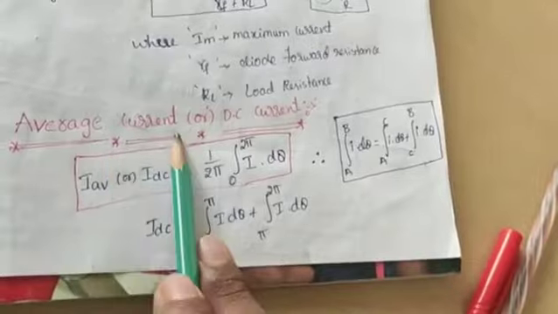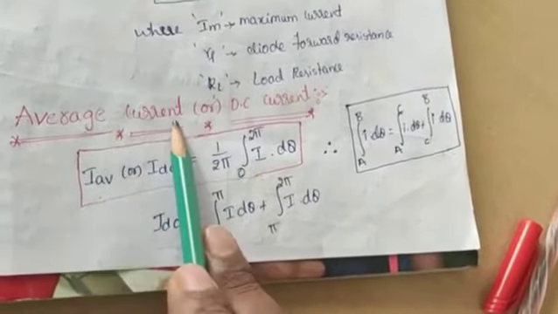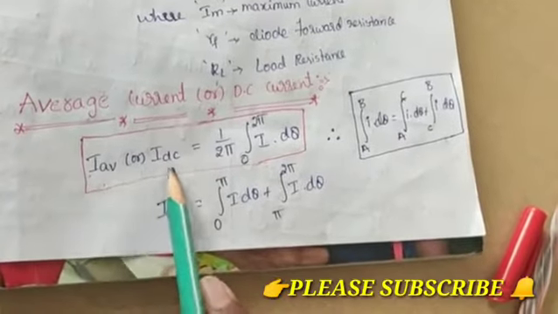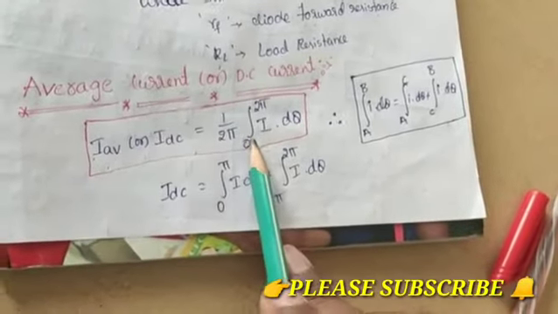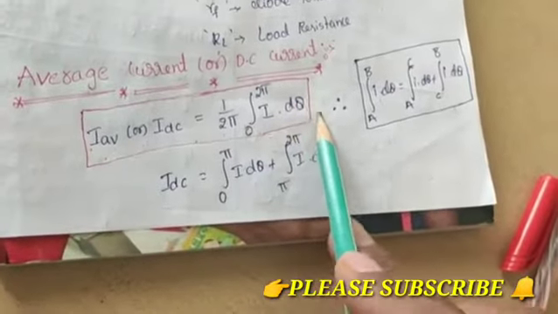Here, average current or DC current. We can represent the average current as I average, IAV or IDC. The general formula for average current is 1 by 2 pi, integral from 0 to 2 pi of I d theta.